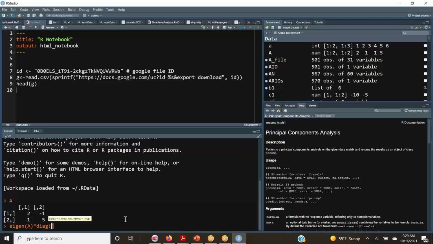The function is diag. So eigen of A dollar, because I'm picking up only the eigenvalues. So these are eigenvalues. Agreed? Yes, sir. I can't do this multiplication. What is the right multiplication to do here? That is not star, something else. What is that?